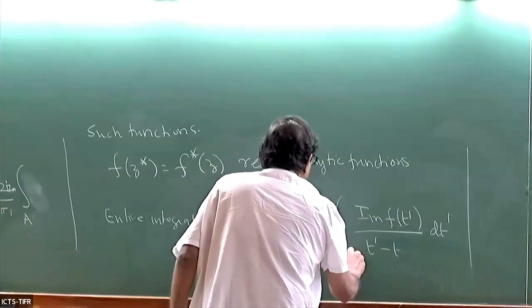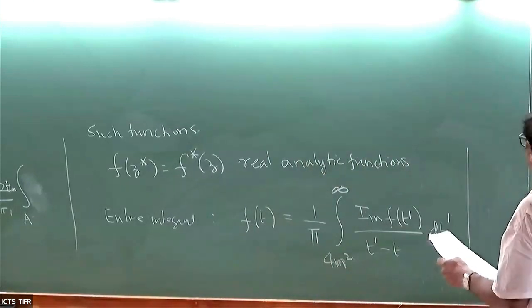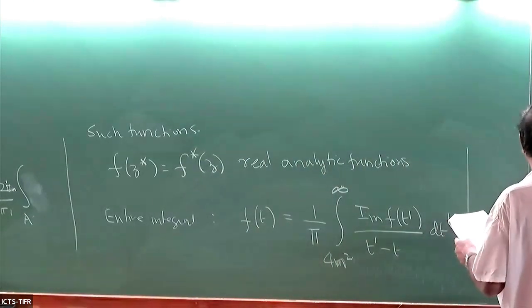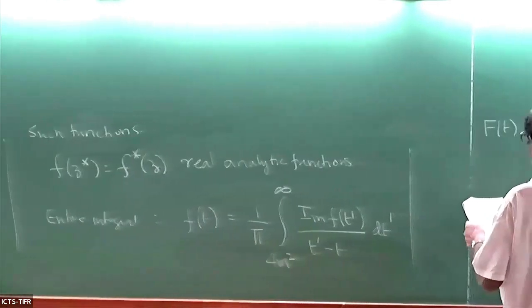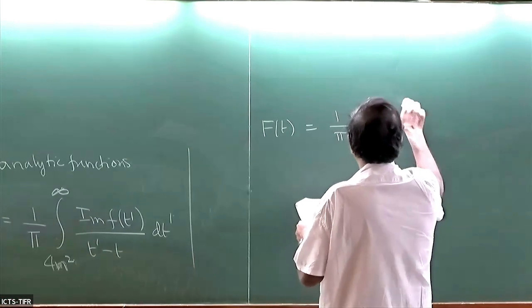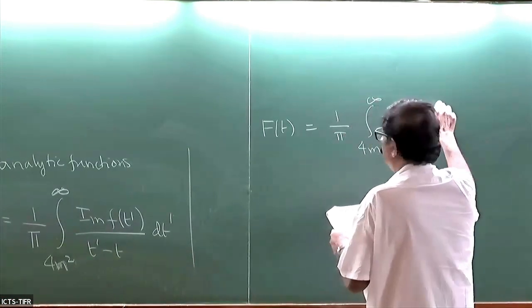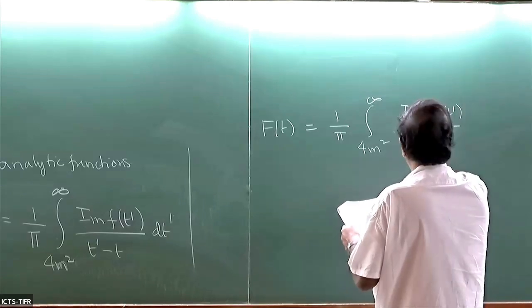For the moment, yes, 4m squared to infinity. So supposing it didn't, let us say that this is true: 1 by pi integral from 4m squared to infinity, imaginary part of f of t prime. Never mind my uppercase and lowercase.